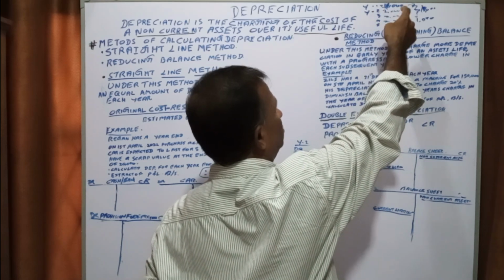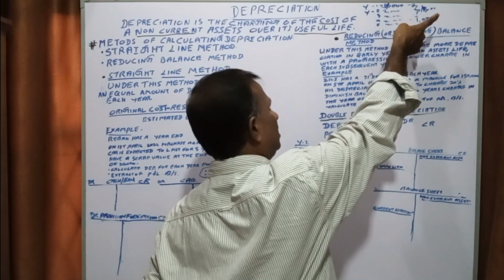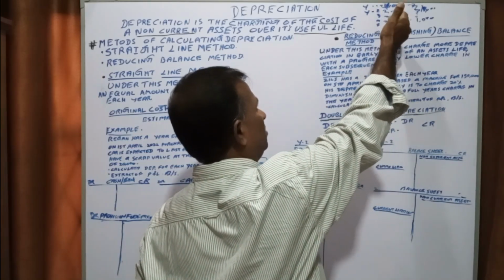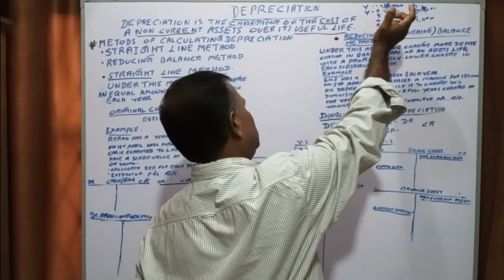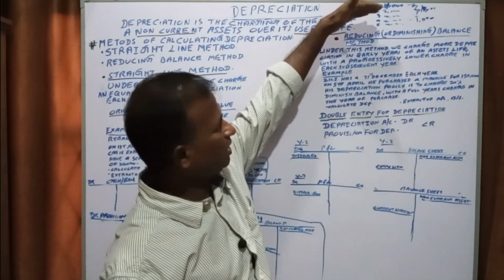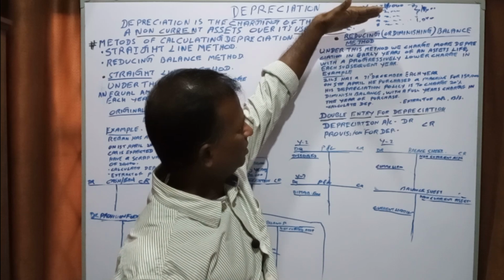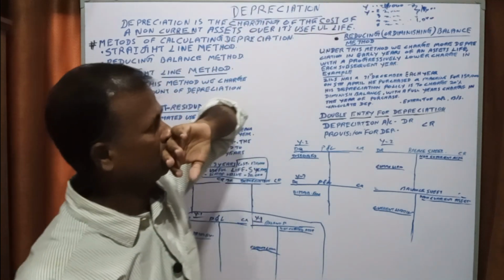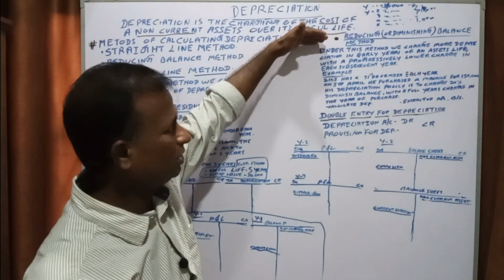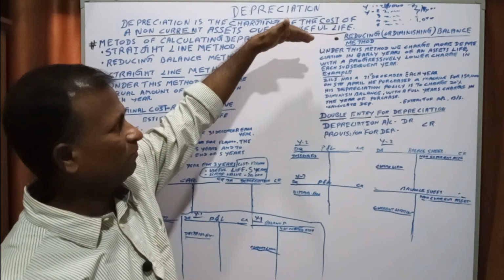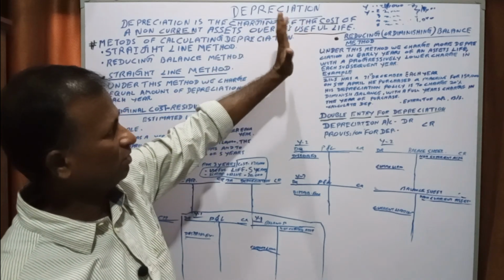In year 2 it may be 18,000, year 3 may be 16,000, year 4 may be 14,000, year 5 may be 10,000, because progressively the depreciation charges will be lower.